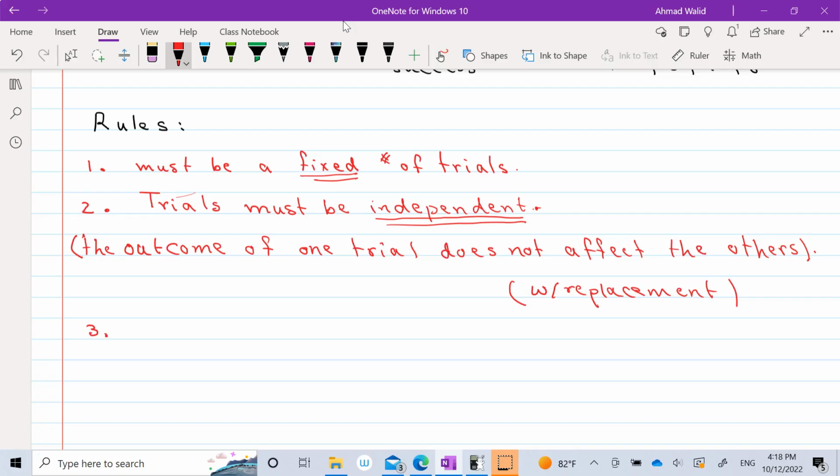Rule number 3, each trial has only 2 outcomes. What are the outcomes?